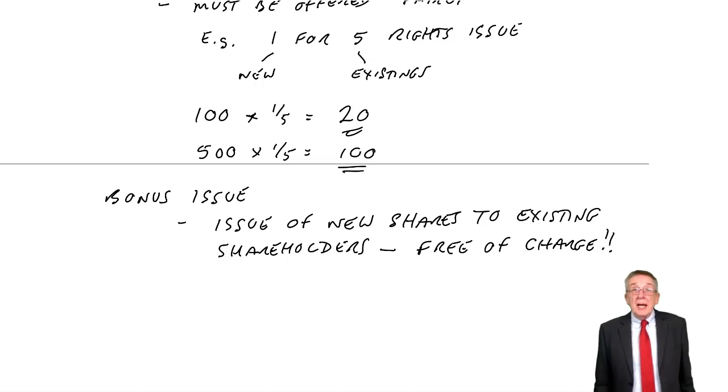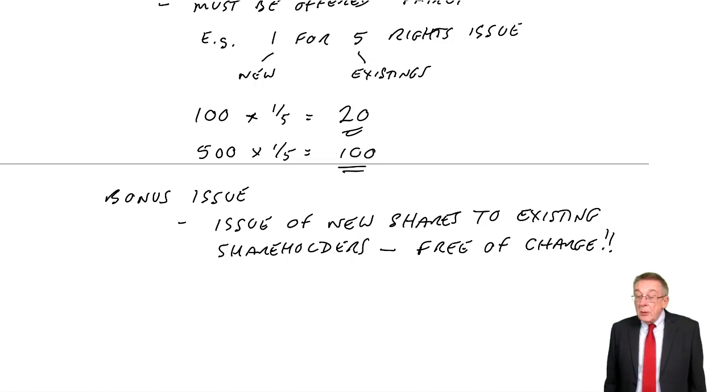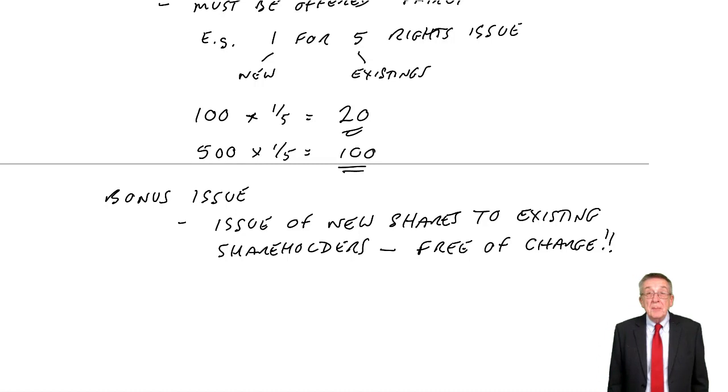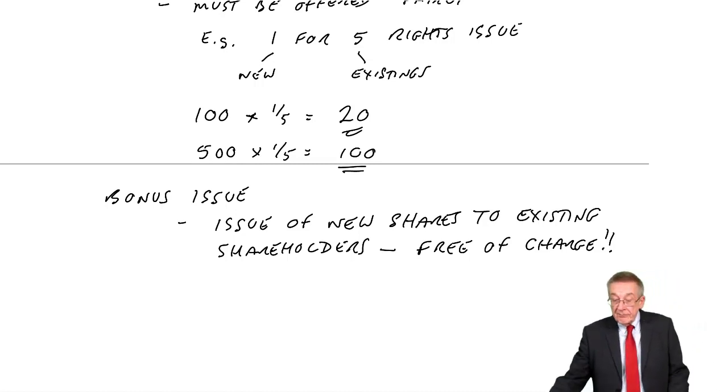So with a rights issue, you get this letter saying, do you want to buy 20 new shares? With a bonus issue, you just get new shares sent to you in the post. You're not having to pay for them. You just end up with more.